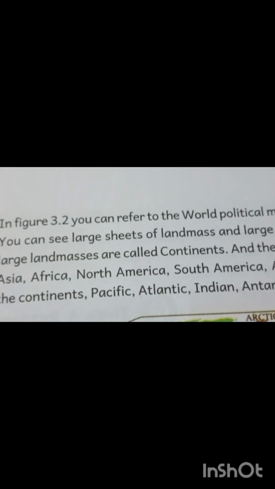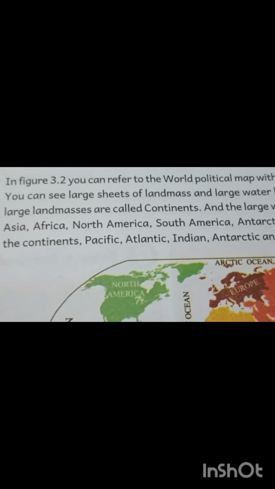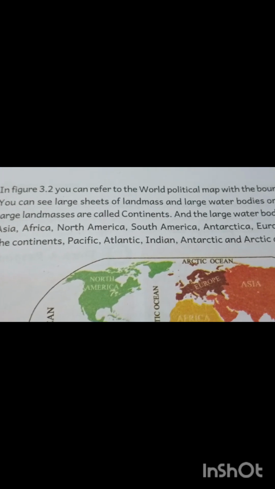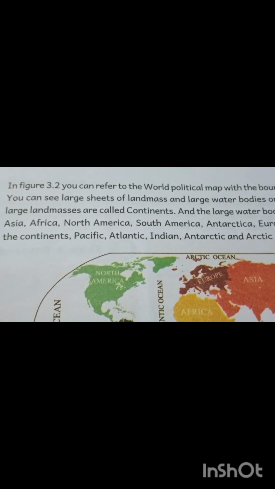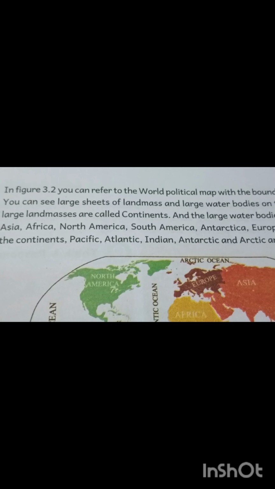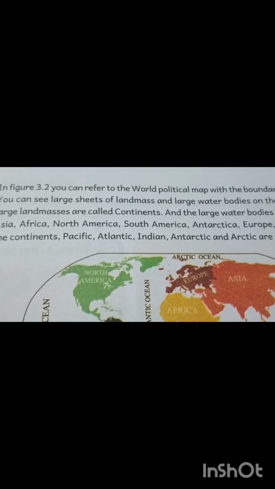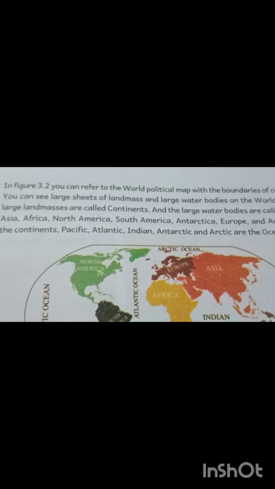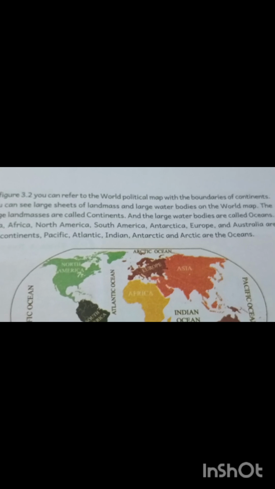Now we are going to know about figure 3.2. It refers to the world political map with the boundaries of continents.